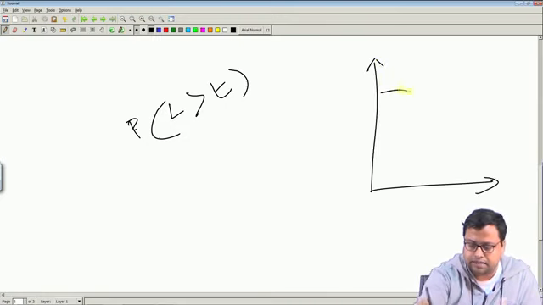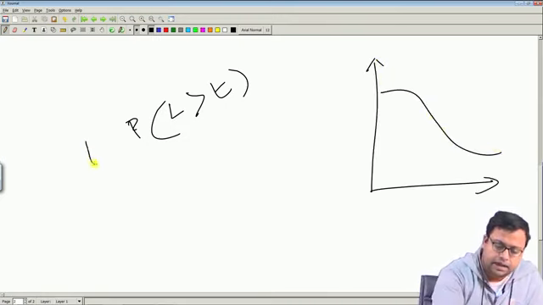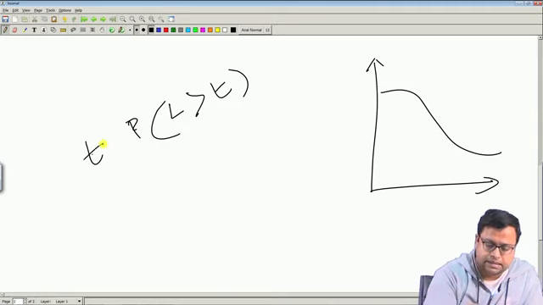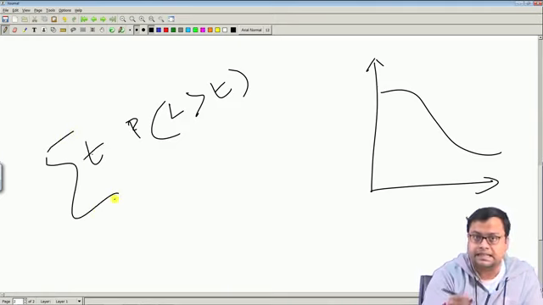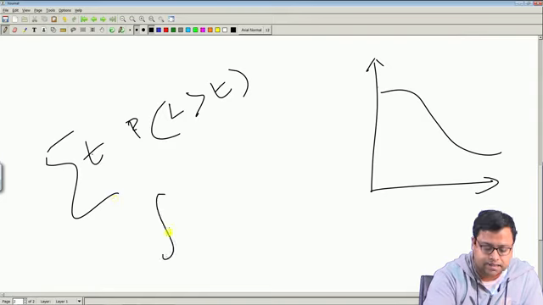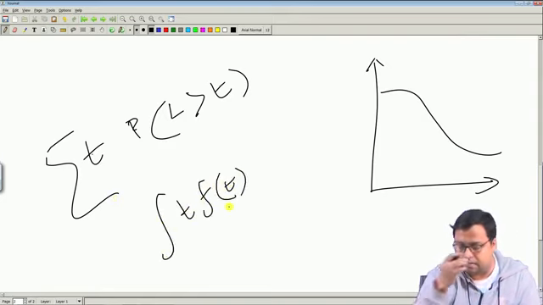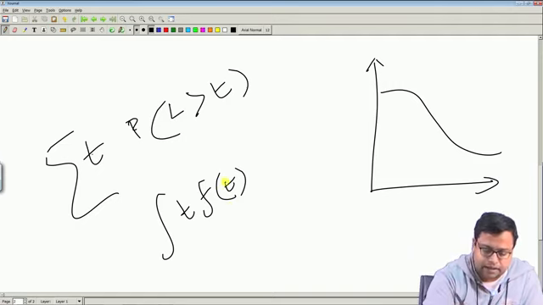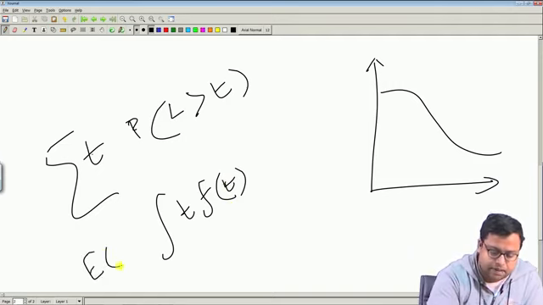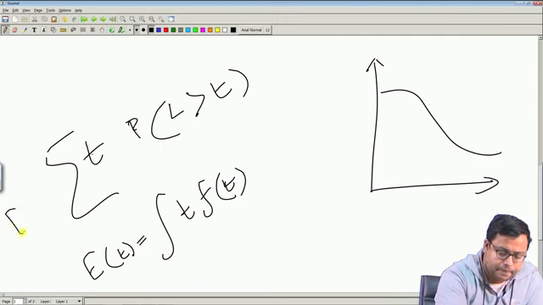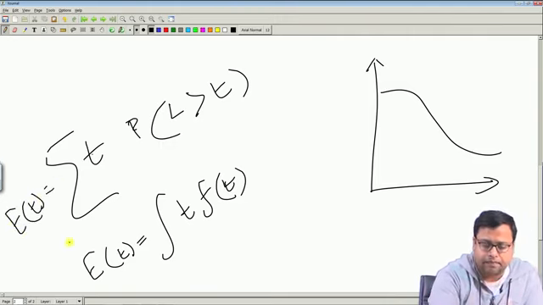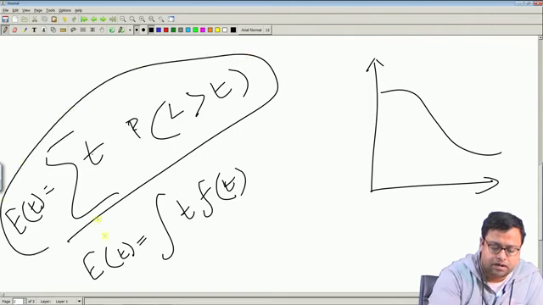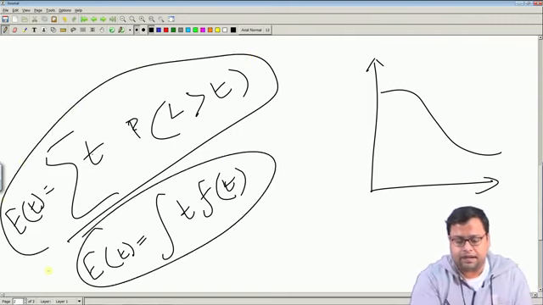Then t into this, the summation of that, or in this case the integration of that, if by chance it is a continuous distribution, that is basically your expected lifetime.